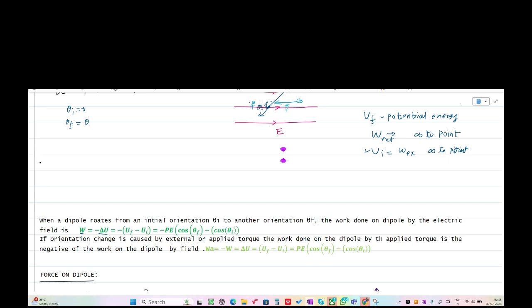I have to do the work against the field. The field work I have taken as negative. Then my work done means the work done by the external torque, applied on the dipole to turn it from theta I to theta f. Then my work done is the negative of the electric field work done, opposite to the electric field. So that is equal to pE into cos theta F minus cos theta I. Here I will explain how it is coming.